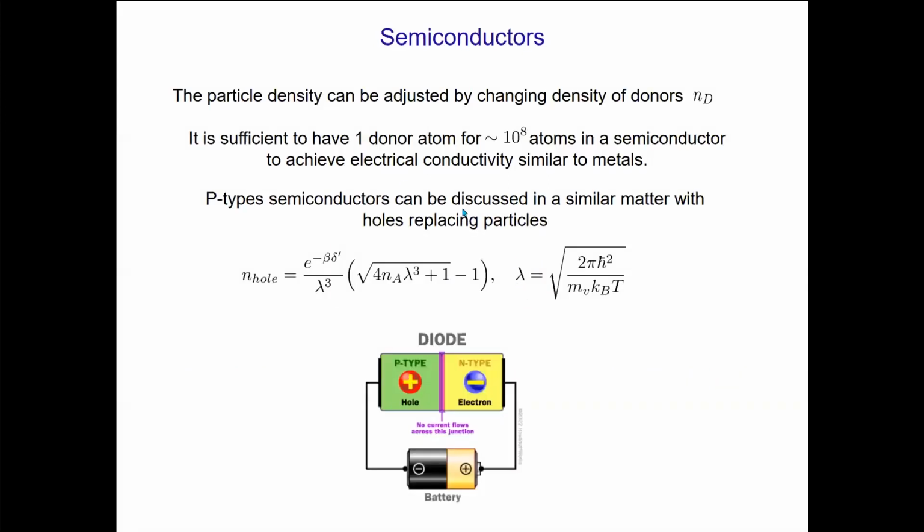So we can adjust the particle density in the conduction band by changing this number. And it's sufficient to add only one donor atom per 100 millions of atoms in the semiconductor to achieve electrical conductivity similar to metals. It's quite amazing.